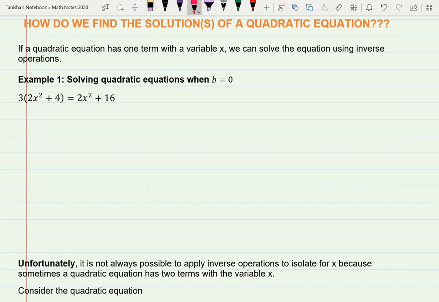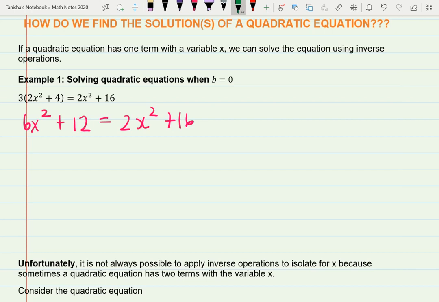So if there's multiplication of a polynomial times a polynomial, we are going to expand that out. Okay, so we have 3 times 2x squared plus 4. Let's expand that to give us 6x squared plus 12, which is equal to 2x squared plus 16. I am choosing to keep my x squared terms on the left and my constants on the right.